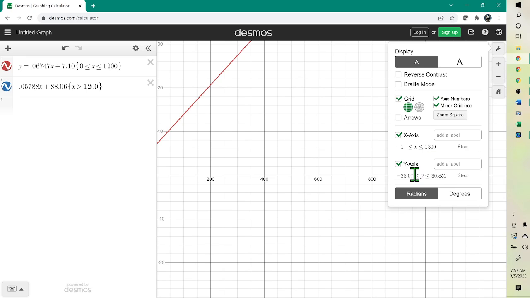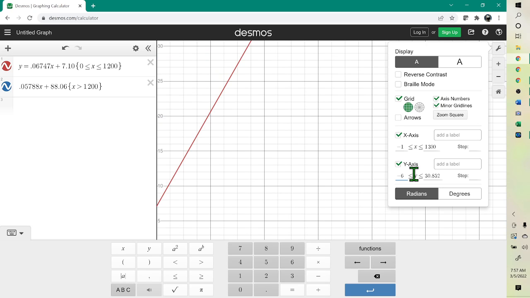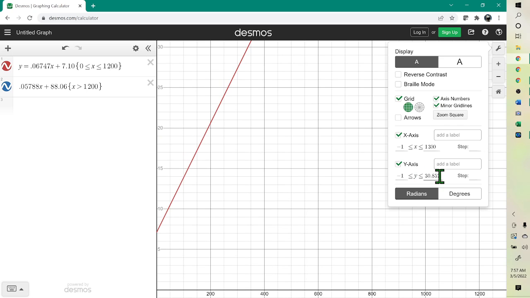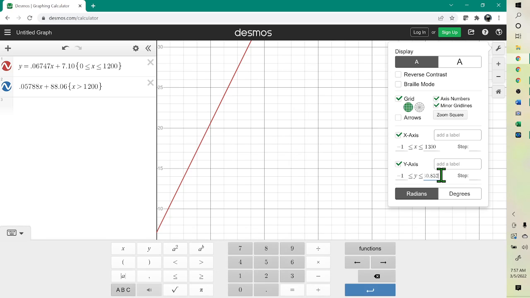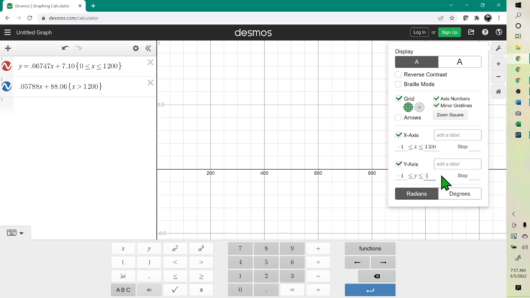The Y will go, oops, Y won't click. There we go. -1. Not sure how high we need to go, so I'm going to go, oops, 88 plus that.